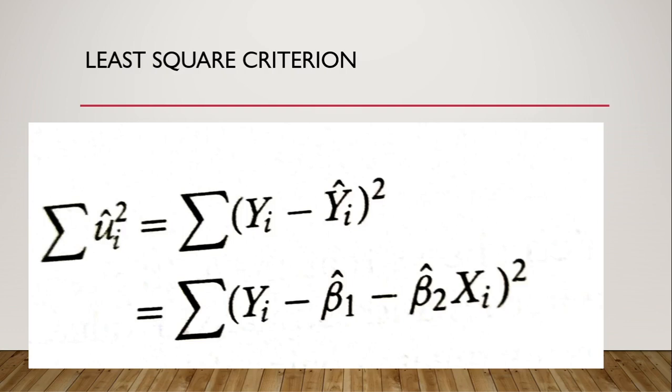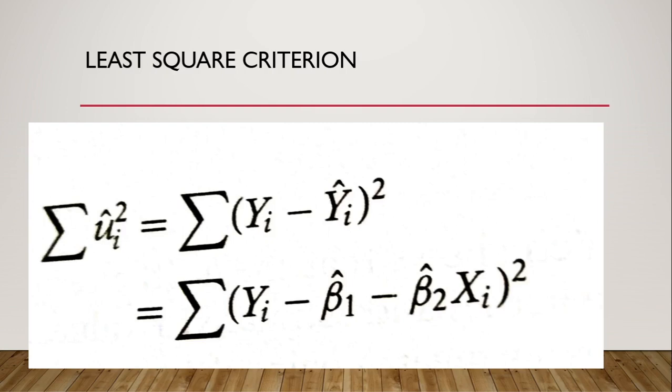So sigma ui hat square is the sum of the squared residuals, and here we have to minimize it. When we substitute the value of yi hat, we get sigma ui hat square is equal to sigma yi minus beta 1 hat minus beta 2 hat xi, the whole square.